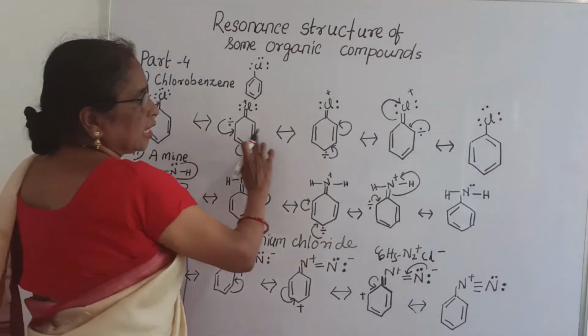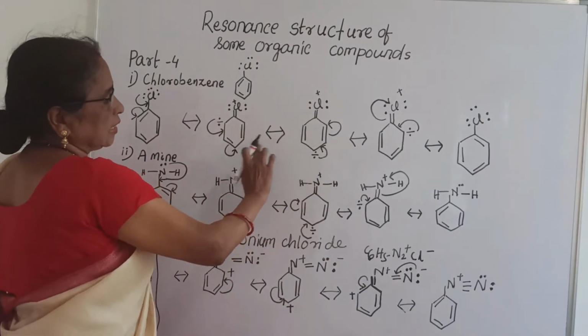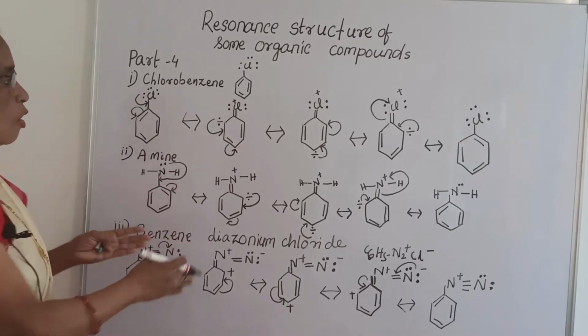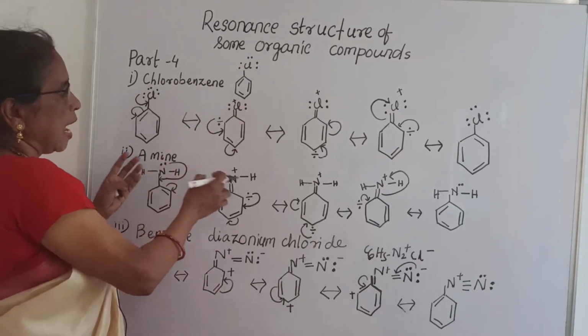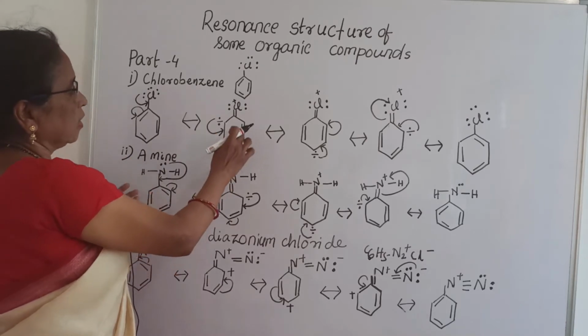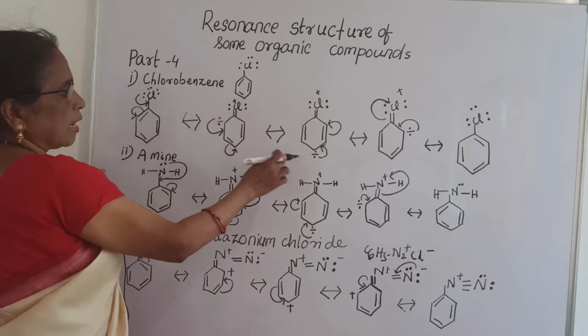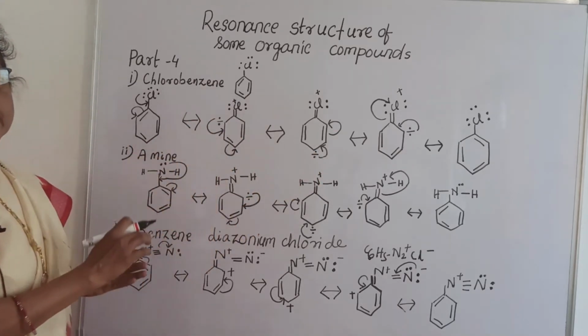So these are the resonance structures 1, 2, 3, and these 3 are the main resonance structures where chlorine occupies a positive charge having 2 pairs of electrons and a double bond, and you can find here, both two are ortho, and here that is para, all are occupying negative sign.